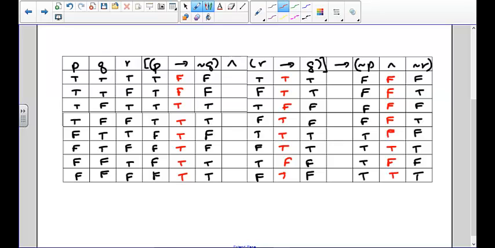Okay, next thing you do is you go between the two premises. So you compare the result of this, that's that column. You compare these truth values with those truth values with the and statement. So the only time an and statement is true is when they're both true.